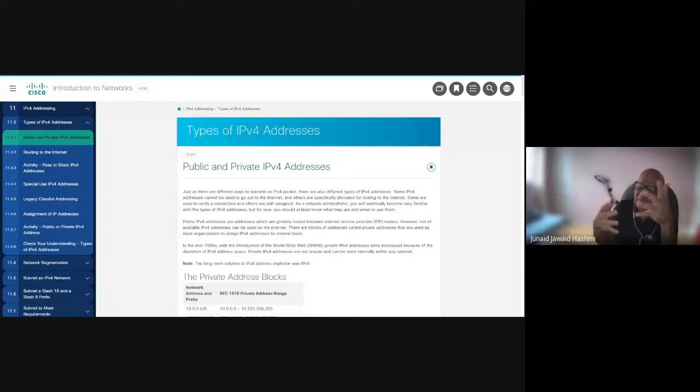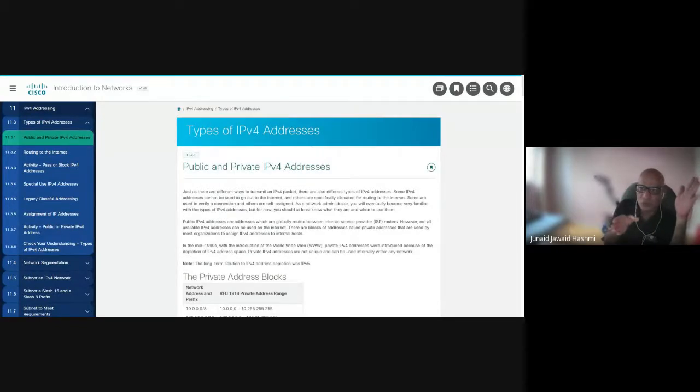So the reason I'm explaining this is because one student says, "But sir, you said the private IP addresses are not used on the internet, but my address is private." So this is the reason. The service provider has created a private network in each area, using switches and routers, and then they are connected to the public network, which is the internet.